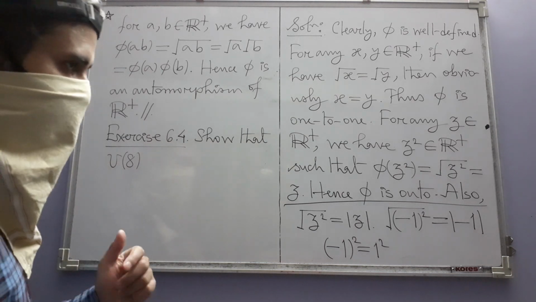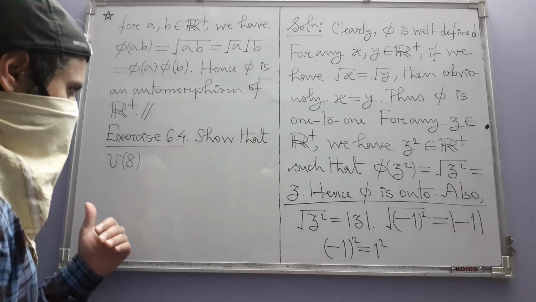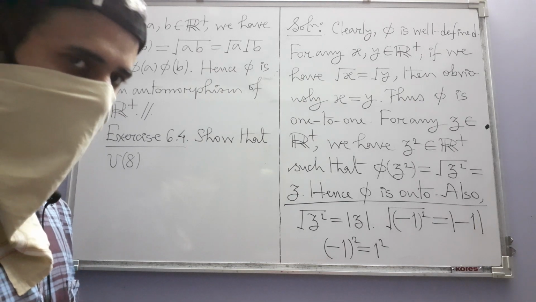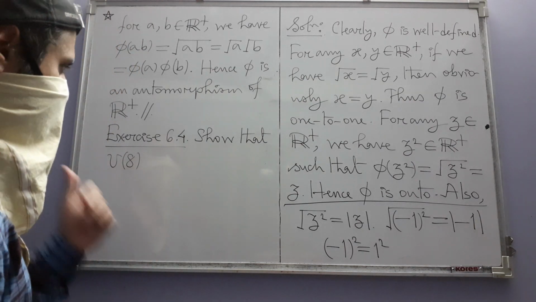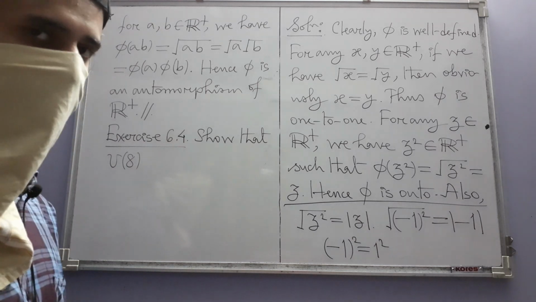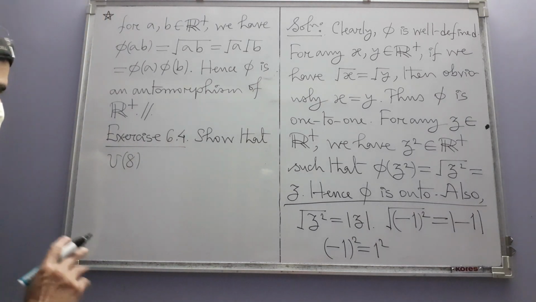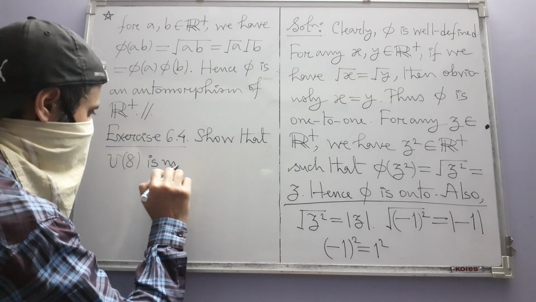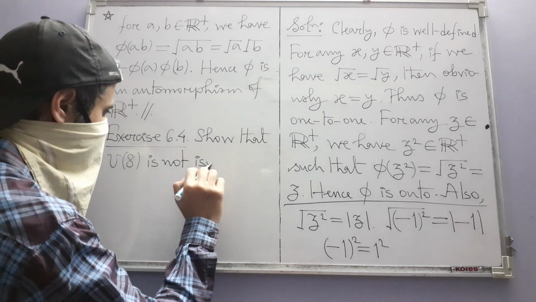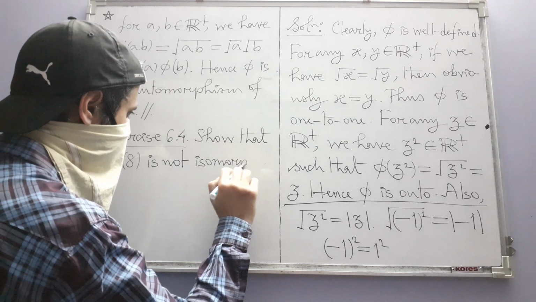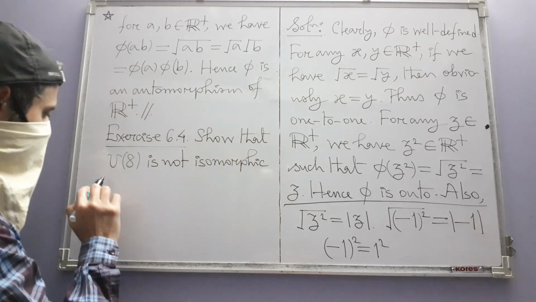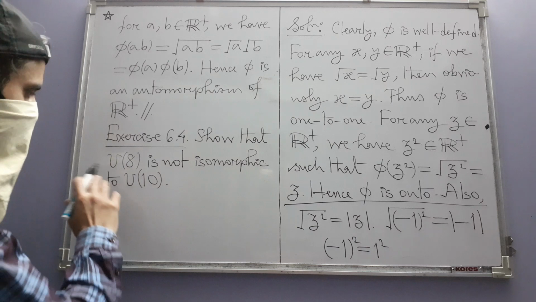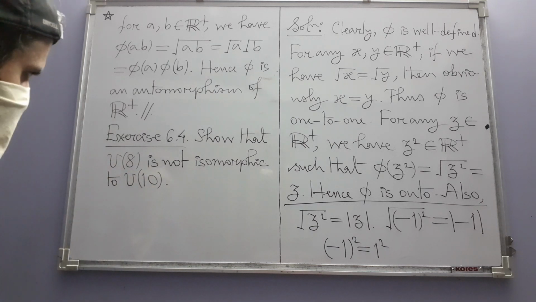It consists of all the positive integers less than 8 and relatively prime to 8, and the binary operation is multiplication modulo 8. This group is not isomorphic to U10, the similar other group where the modulus is 10.